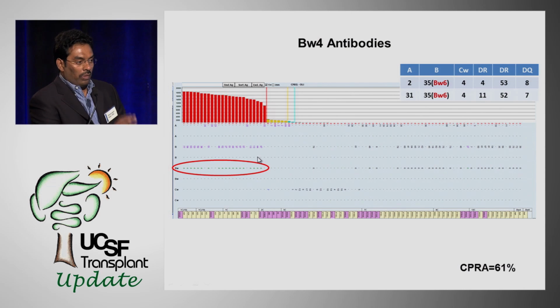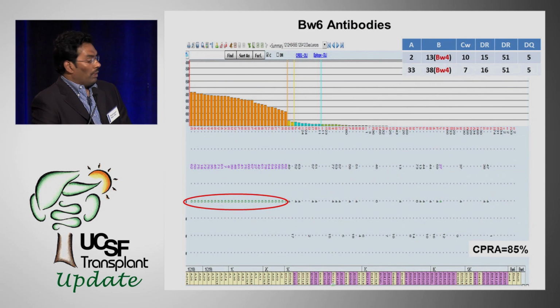The antibody binds to that particular epitope shared by all these HLA proteins. So the calculated PRA would be 61%. If the patient has this kind of antibody, he needs to avoid 61% of the UNOS donors. BW6 is another very broadly present epitope, which avoids 80% of the donors in UNet.